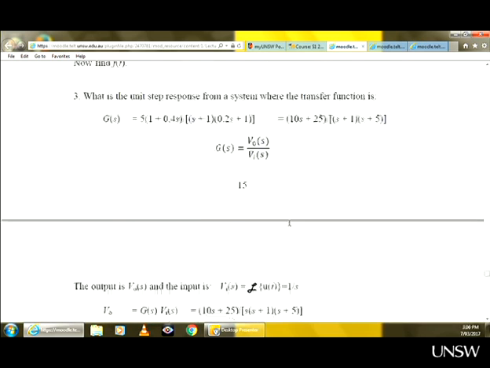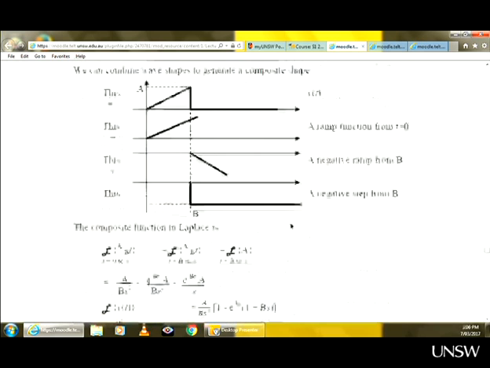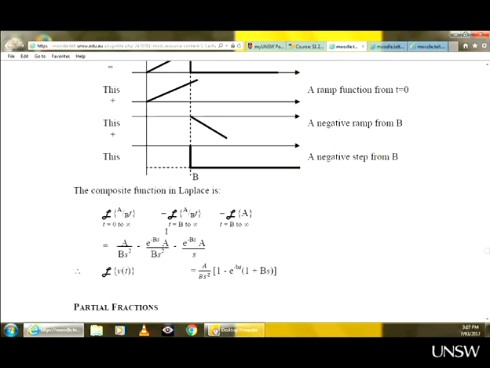From the point b onwards, it will be taking on the same value as this one, right? It's growing from 0 into infinity, and this one is negative a over b, which exists only from b onwards.